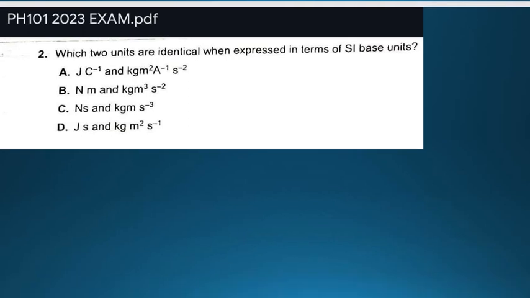So we're still looking for the right option here. What about C? Newton times seconds to be compared with kg meters per cubic seconds there. What is newtons? As usual, this is for force.